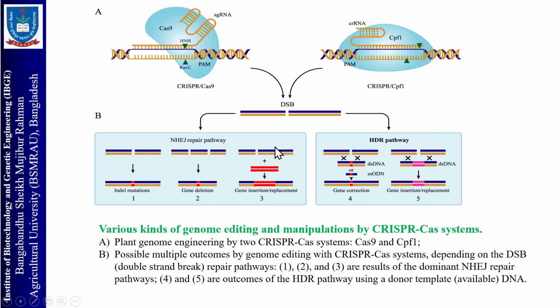But the non-homologous end joining repair pathway is becoming a more popular and user-friendly technique for improvement of plants and other organisms. For example, in the case of sickle cell disease, a single indel mutation by non-homologous end joining is used to treat the sickle cell genetic disease.